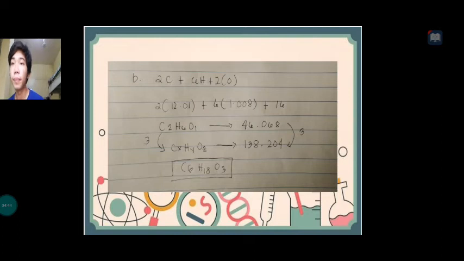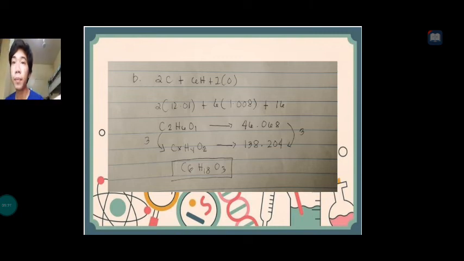So 2 carbon plus 6 hydrogen plus 1 oxygen. So 2 times the atomic mass of carbon, which is 12.01, plus 6 times the atomic mass of hydrogen, which is 1.008, plus the atomic mass of oxygen, which is 16. So 16 times 1 is still 16.